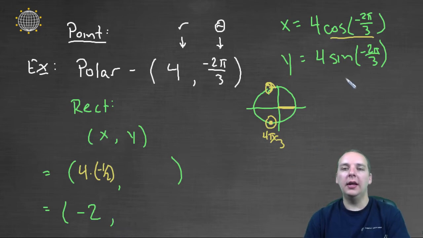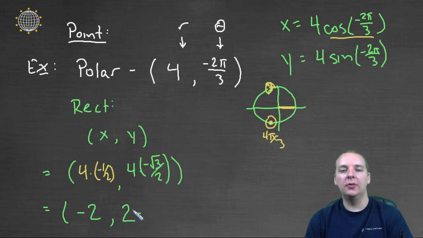All right, and on the other hand, the sine of negative 2 pi over 3 would be negative root 3 over 2. So we'd have 4 times negative root 3 over 2. Multiply those two, and you would get 2 times negative root 3, which, let's move that negative out front, is negative 2 root 3.